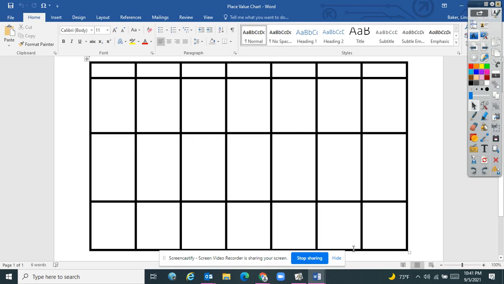Baker, and I'm going to model for you how to add multi-digit numbers using the standard algorithm. So that standard is 4.NBT.4. We're going to look at how to add numbers using the standard algorithm.